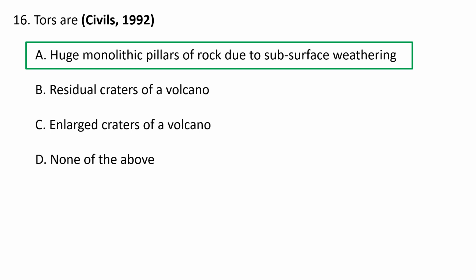Tors are landforms created by the erosion and weathering of the rock, and they are most commonly represented by granites, but also schists, dacites, dolerites and sometimes ignimbrites and sandstones. Tors are generally less than 5 meters in height. So A is the correct answer.